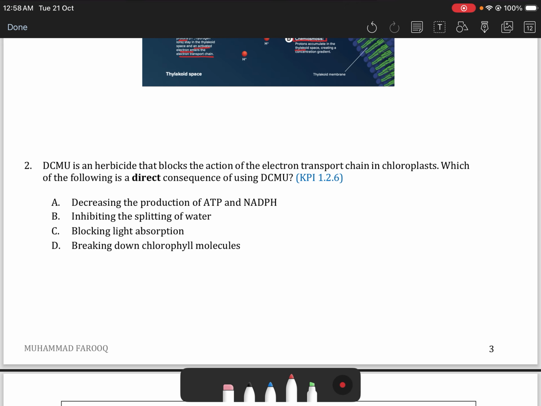DCMU is an herbicide that blocks the action of the electron transport chain. So the electron transport chain is not working. Okay, when the electron transport chain is not working, you should know who will be affected. ATP and NADPH will be affected, because these are the two direct products of the electron transport chain. So which of the following is a direct consequence of using this one?